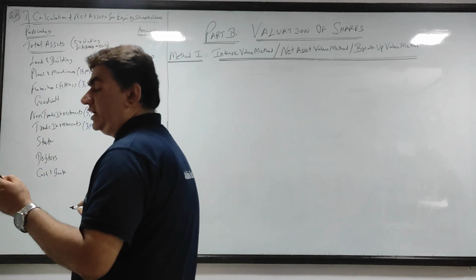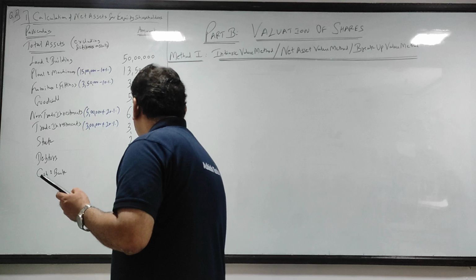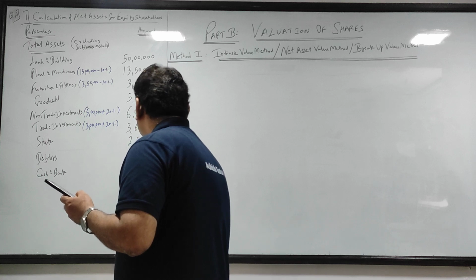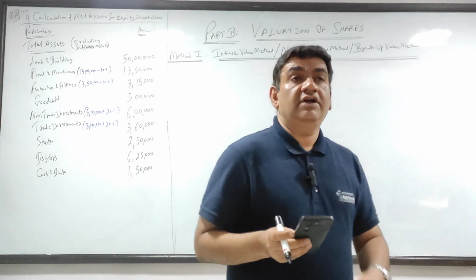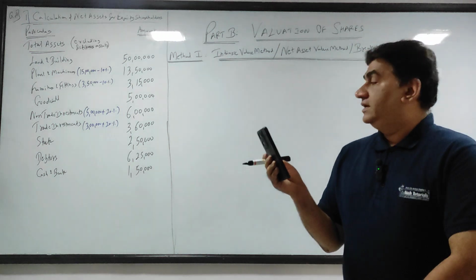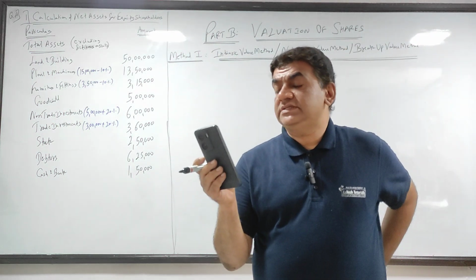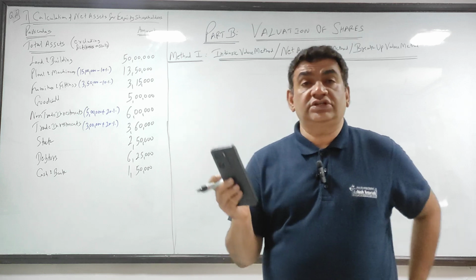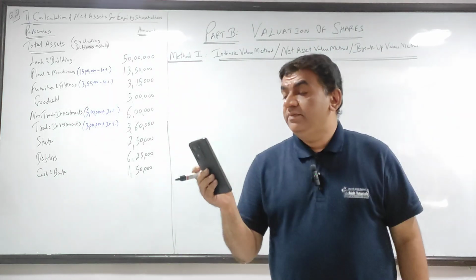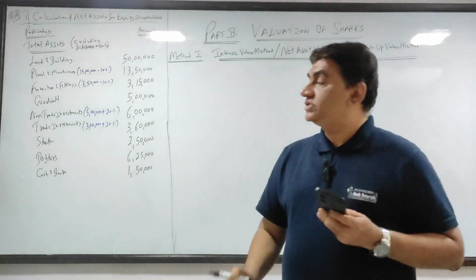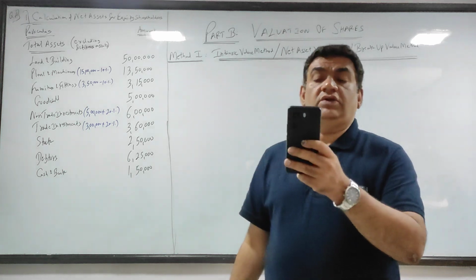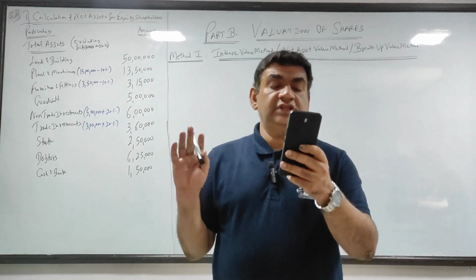And cash and bank 1,50,000. Last two, as I told you, preliminary expenses and discount on issue of debentures both will not come. Okay, anything else for the assets?